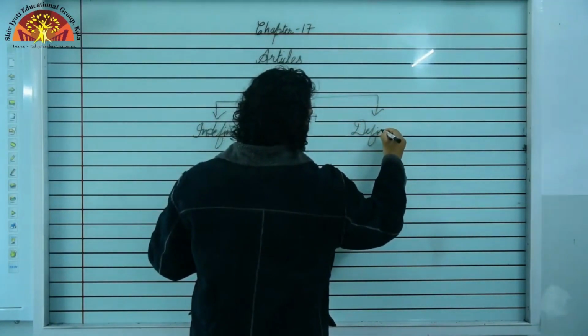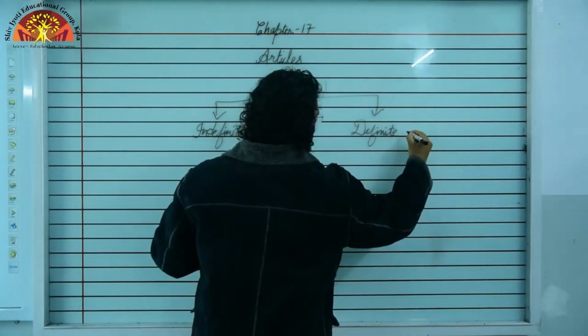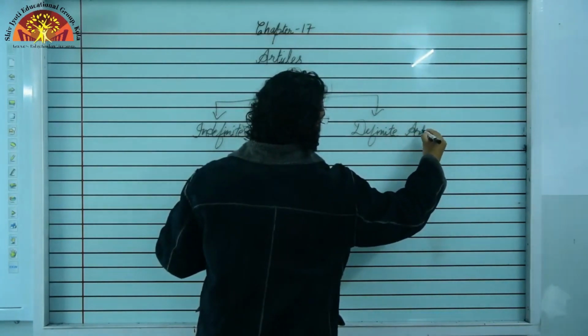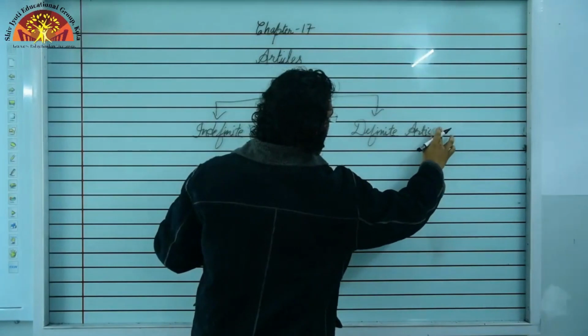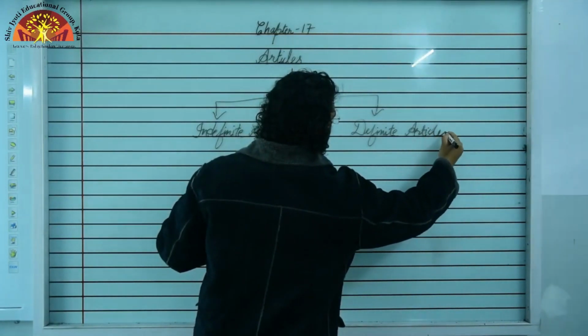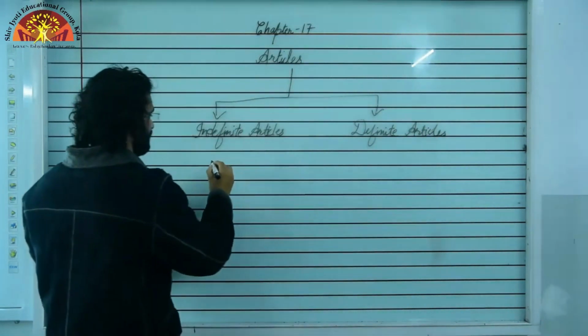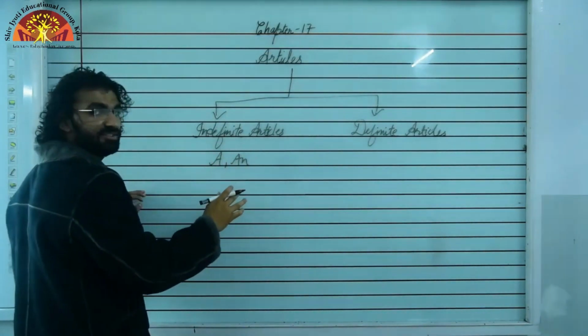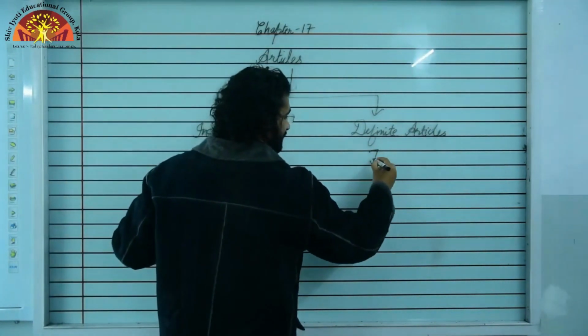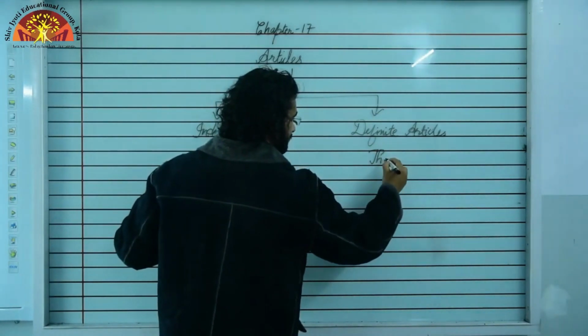Definite article. Indefinite articles are a and an. A and an, indefinite articles. The is the definite article.